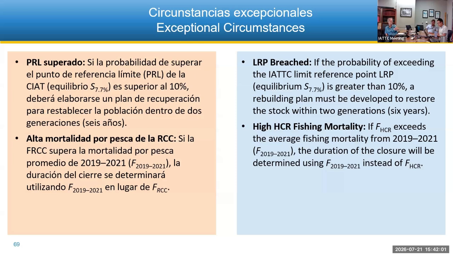And it may even come down to doing new benchmark assessments and new management strategy evaluation to determine whether the current management procedure is still valid or if we have to change that management procedure. So it depends a lot on what the exceptional circumstance is and how badly it has been exceeded or breached, what you'd want to do.